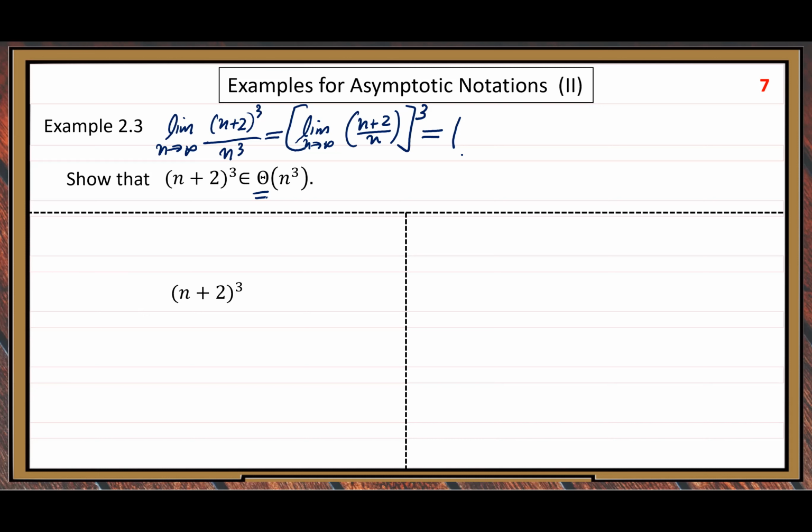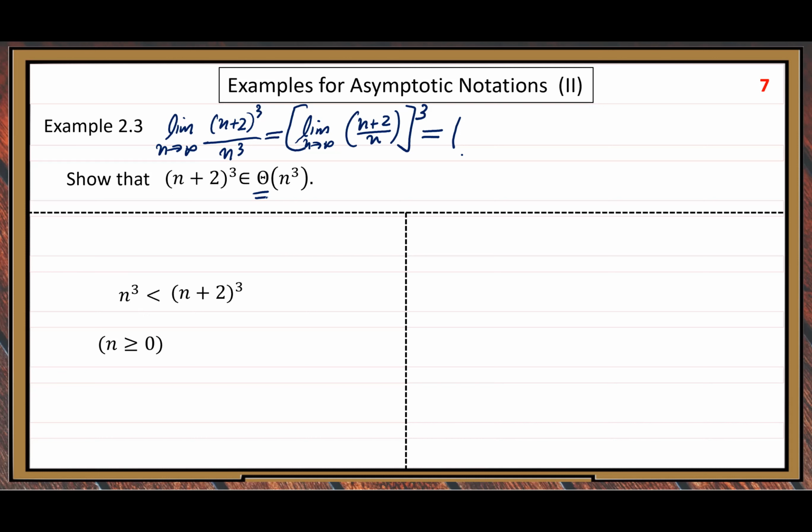Lower bound should be easy, right? n cubed. Because both n and n plus 2 are non-negative integers, then you take cube both sides. It's also true when n is greater or equal to 0. It must be true.